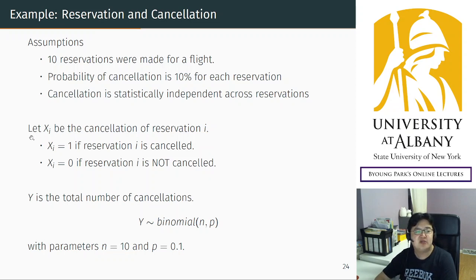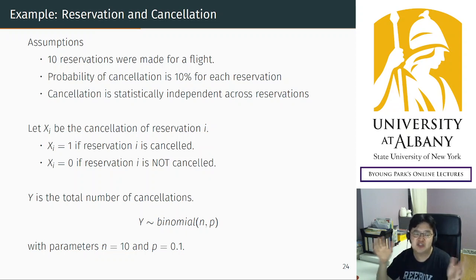And I am going to define the random variable xi as the cancellation status of reservation i. It takes 1 if reservation i is cancelled. So 1 means cancellation. As I said, 1 and 0 are value neutral.